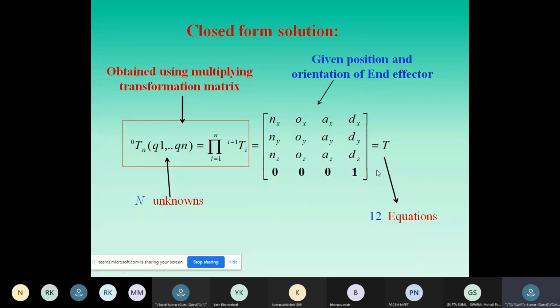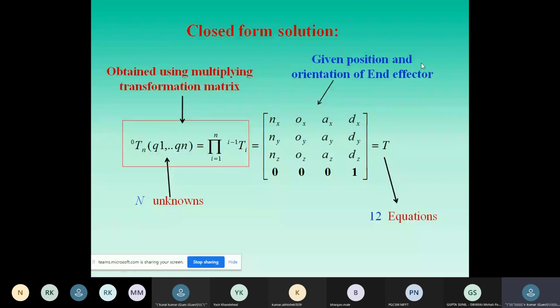This is the given end effector position. Nx, Ox, Ax, Dx; Dx, Dy, Dz is the position only. And Nx, Ox, Ax, Ny, Oy, Ay, Nz, Oz, Az is the 3 by 3 rotation matrix of the end effector.